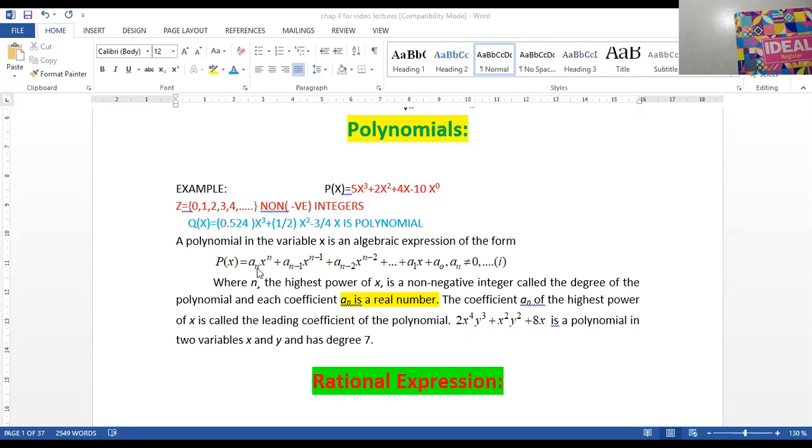So just to keep the symmetry, whatever is the power of x is taken as the subscript of a. But in fact, all these a's, a sub n minus 1, n minus 2, whatever it can be, are real numbers. And I explained to you very well what the real numbers are.